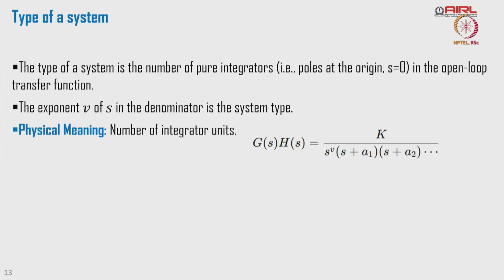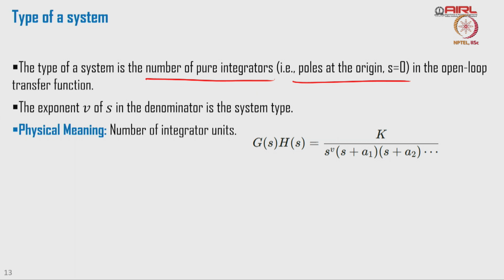Fine. There is another important concept which will be useful in many of the control system topics, that is called the type of a system, which is the number of pure integrators. I will talk about integrators in a later slide, but now we can say that it is a pole at the origin, s equal to 0. Okay.